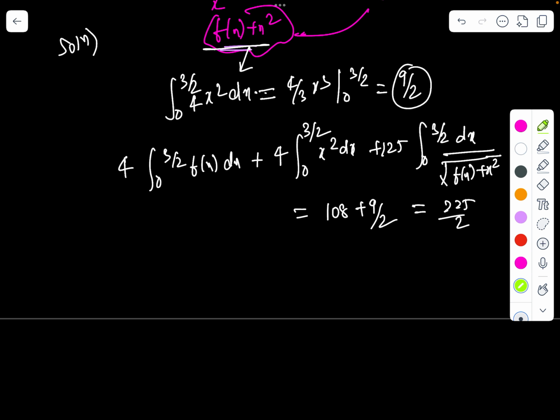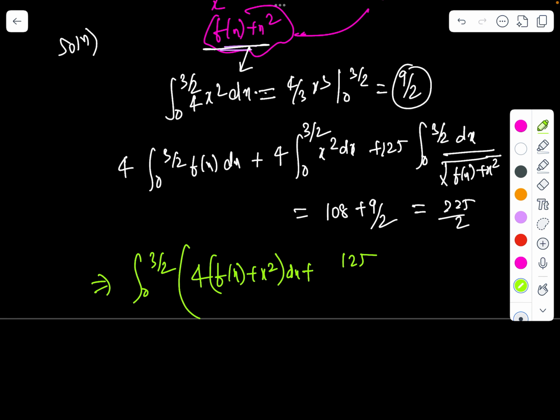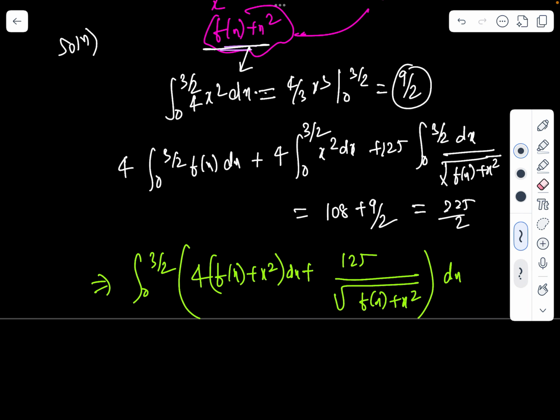And now it's quite cool. Cool in the sense that we can write this as the integral from 0 to 3 by 2 of 4 times f of x plus x square, plus of course dx plus 125 divided by root over f of x plus x square, this dx, right?